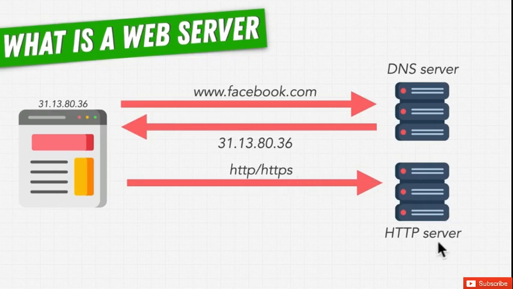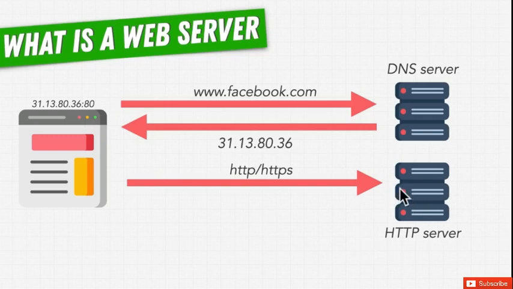We could have servers that use other protocols, for example, to handle emails. And the way that we specify which type of server with which application we're talking to is by adding to our IP address this port number, which comes after the colon character.